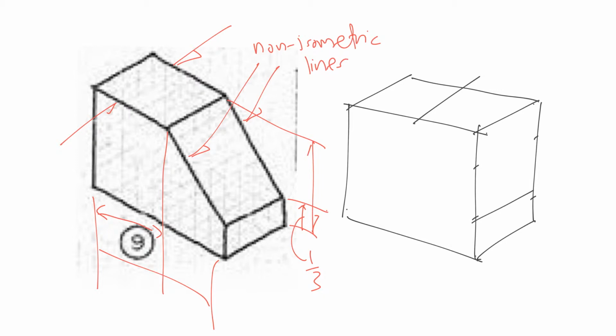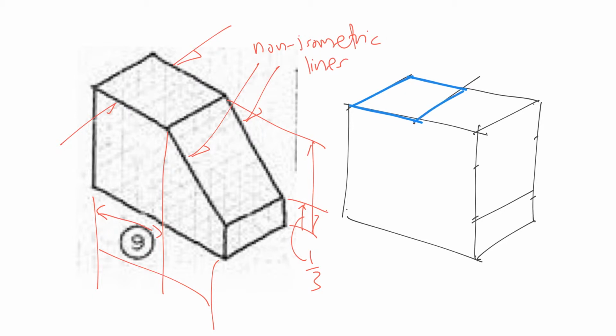Okay, so the next step is really to draw in the actual details. We start off, I'm going to use a thicker blue line for this, so that you can see clearly what I'm doing.